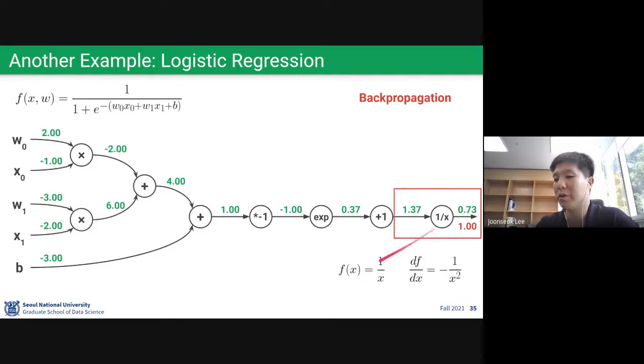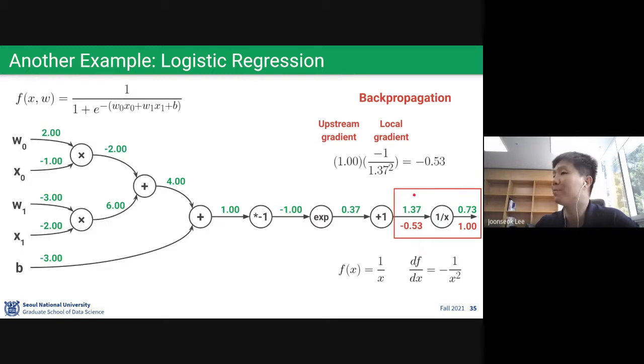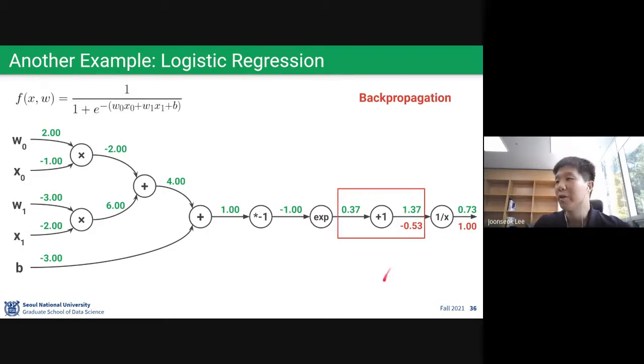Because the function is 1 over x, its derivative is minus 1 over x squared. Upstream gradient is 1, and the local gradient is this. And we know that the input x is 1.37. So we take that value to have this output gradient, which is multiplied by these two. Okay? Then let's do the next one. Now, what is the upstream gradient?